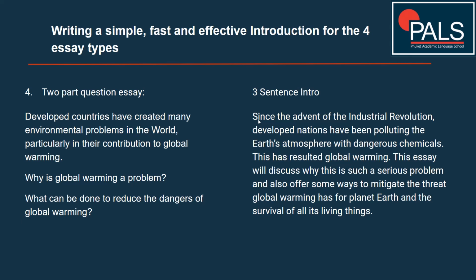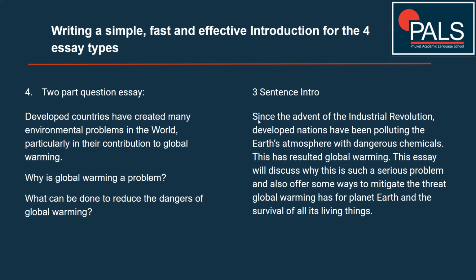Since the beginning of the Industrial Revolution, developed nations have been polluting the Earth's atmosphere with dangerous chemicals. So a general first sentence. Give more detail. This has resulted in global warming. Okay, so we're focused now on what the question is about, and we're going to be hitting our task response points here. What are we going to do?